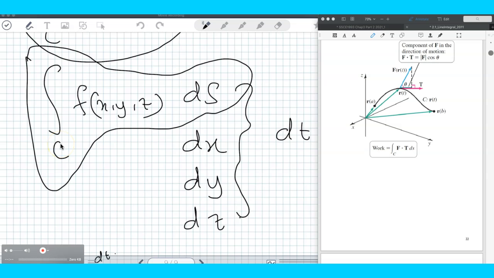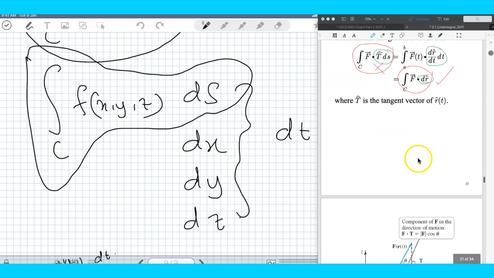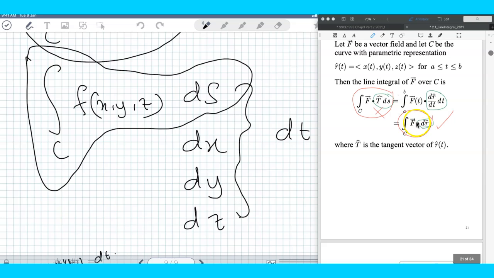But if you are given a vector field F, or you have F dot dr itself, and if your vector field here is a force field, then we can say that F dot dr is the work done. Okay, the work that you have done based on the force field that you have.